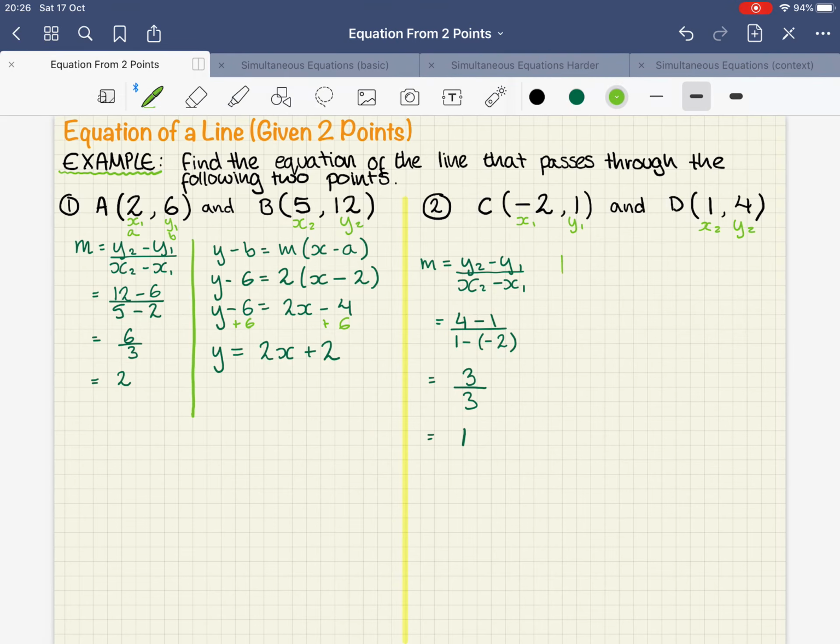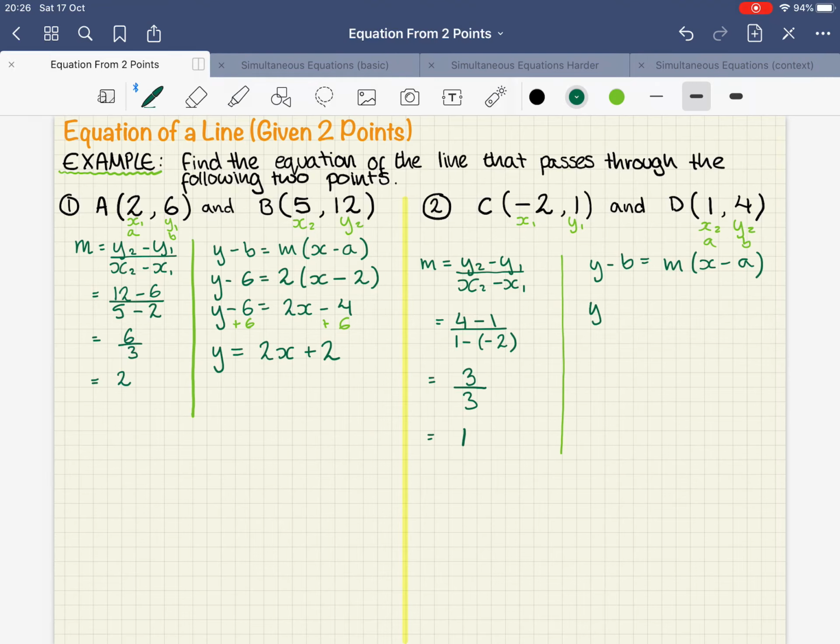So then substituting that into my formula of y minus b equals m bracket x minus a. Looking at them, I'm actually going to choose the 1 and the 4 because it just means I don't have to deal with any double negatives.